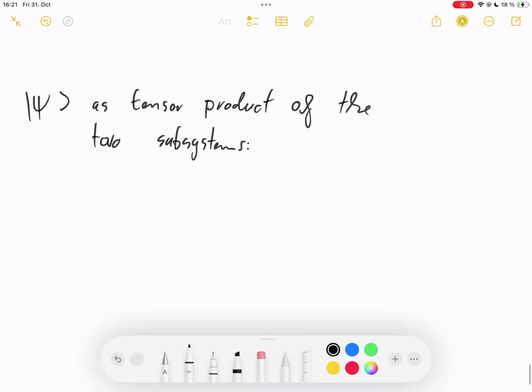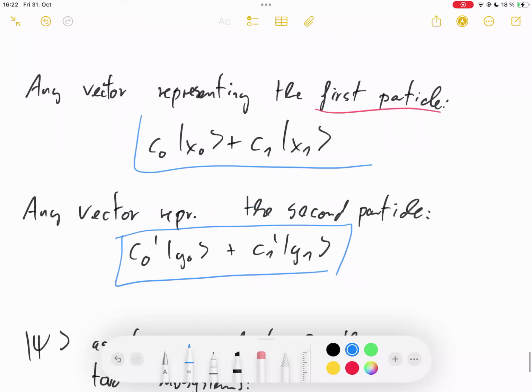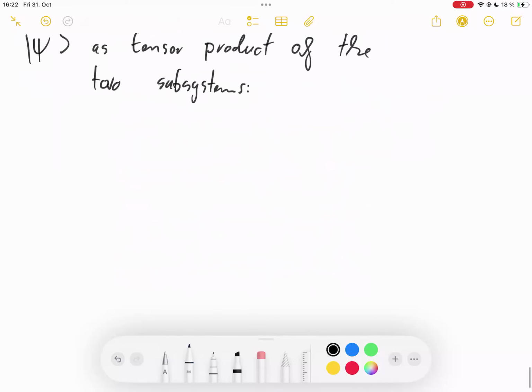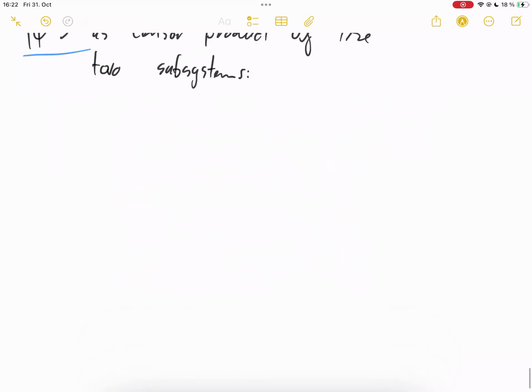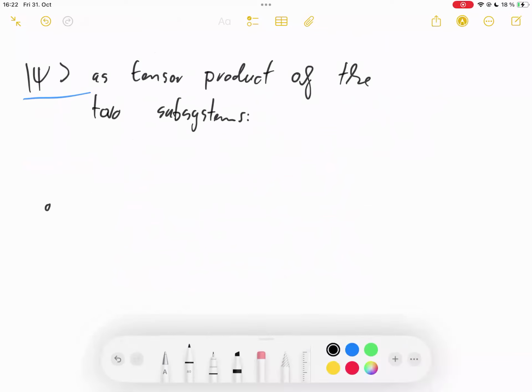So what I want is the tensor product of these two generic states. We have this generic state and this one. And we will try to build the tensor product from that now with the goal of describing our psi ket. We will describe this as C0 times X0 ket plus C1 times X1 ket.